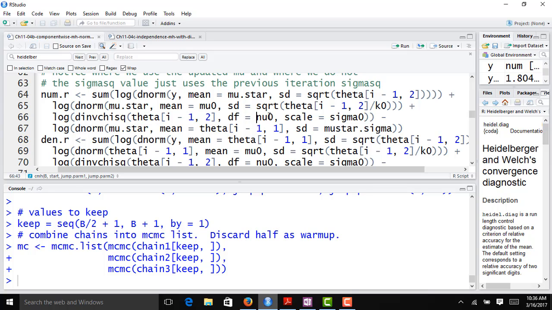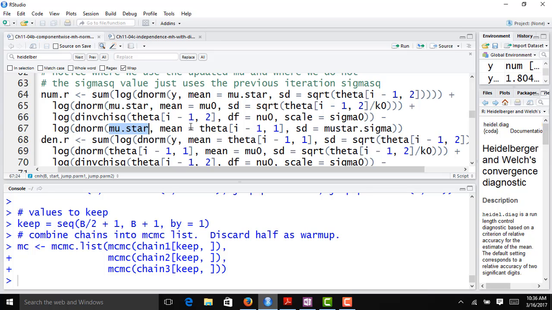And then the degrees of freedom of that prior distribution was nu naught. The scale parameter was sigma naught. So this whole part right here is related to my unnormalized posterior density. And now I need to correct that by the jump density. And so I subtract the log density of the jump distribution. The jump distribution for the mu parameter was normal, and I'm evaluating it at mu star.